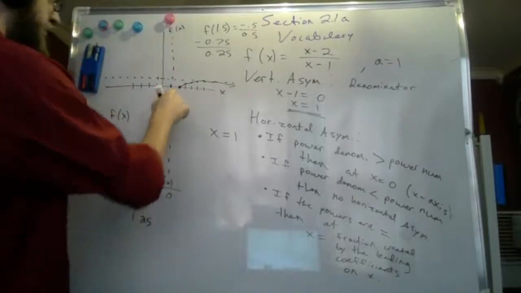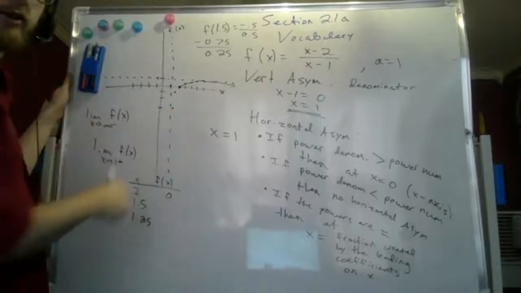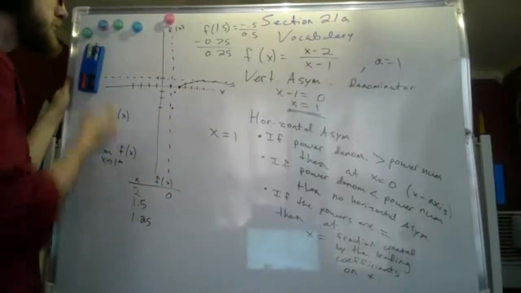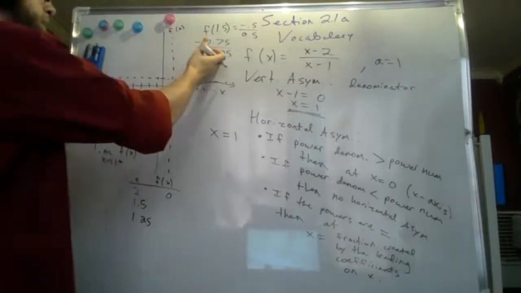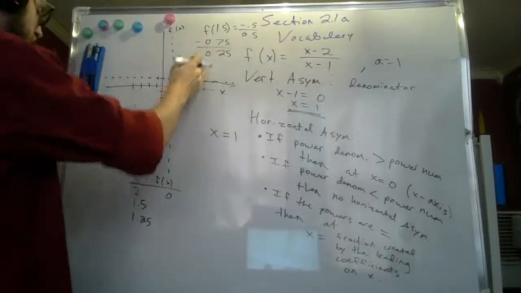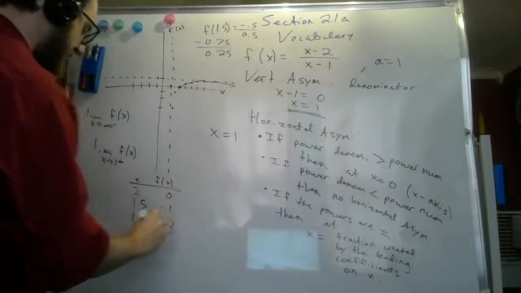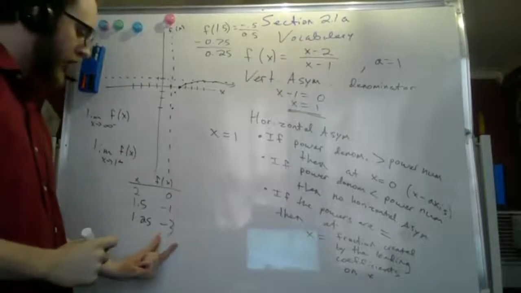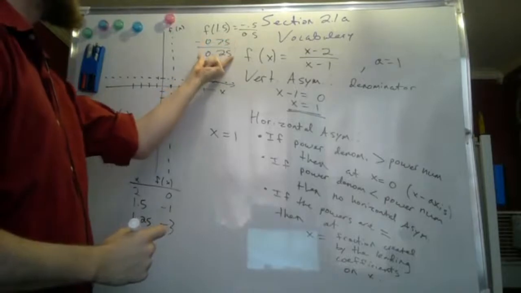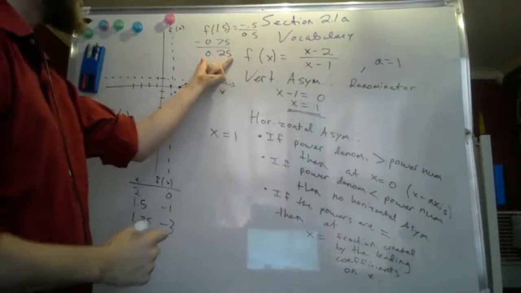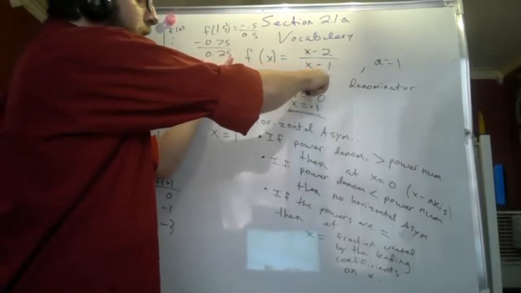What you can see is just by shifting the x value by 0.25, my y dropped quite a bit. As we get closer and closer to 1, we got negative 1, negative 3, this negative number is dropping very quickly. That's because the denominator, as we get closer and closer to 1 from the right side, is getting smaller and smaller and smaller.